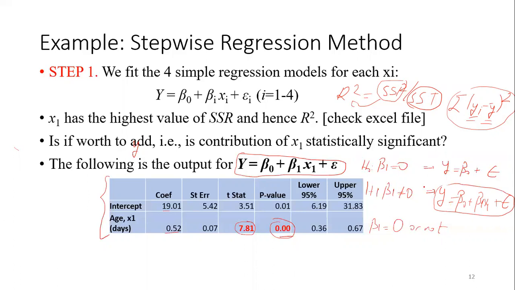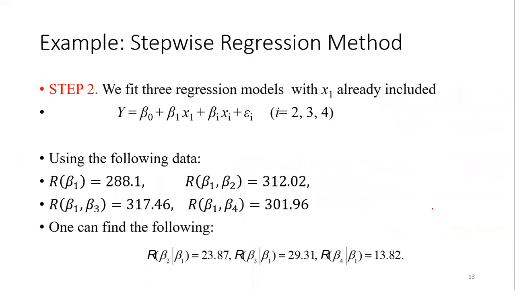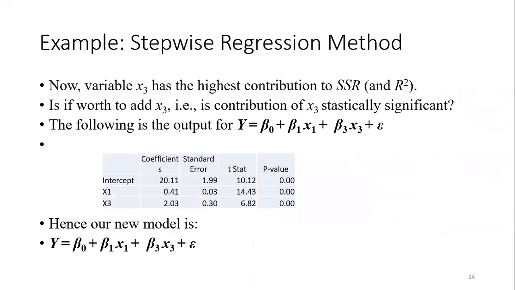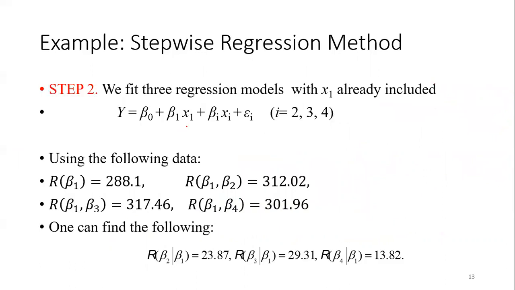And this model has an R square of 90%, okay? So step one is okay. We just add x1 and we just proceed to step two, okay? So in step two, what we do is we just add x2, x3, and x4 to the existing model. So what we will do is we will just check these models.